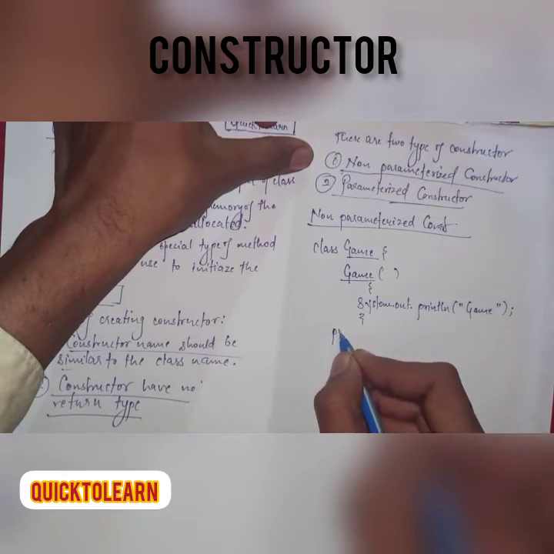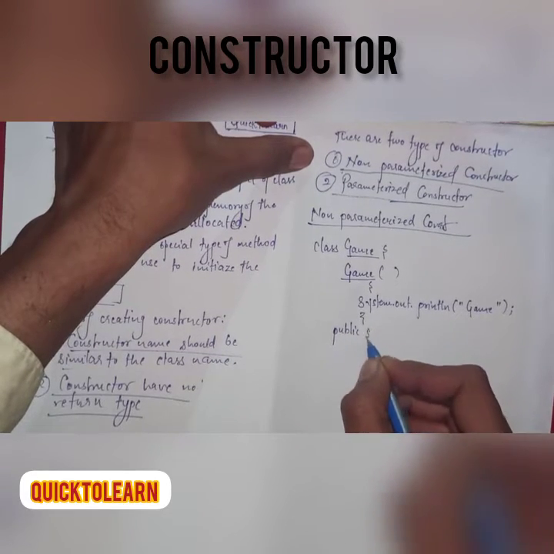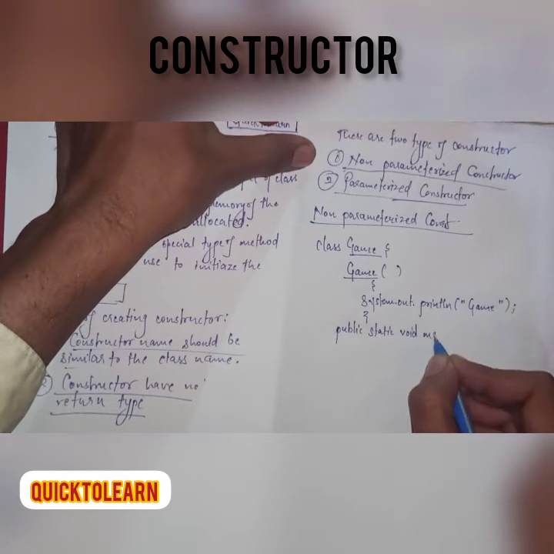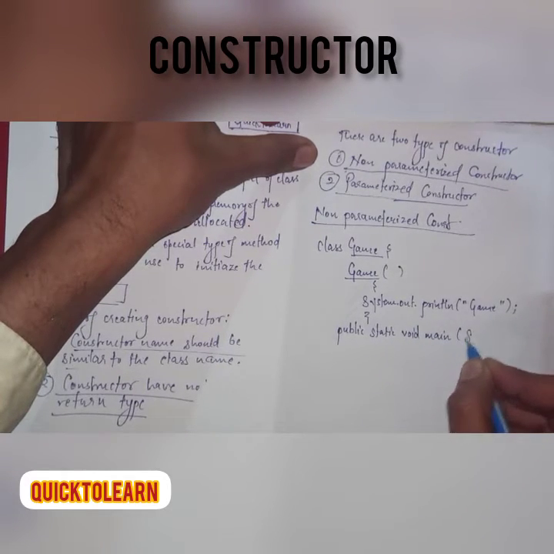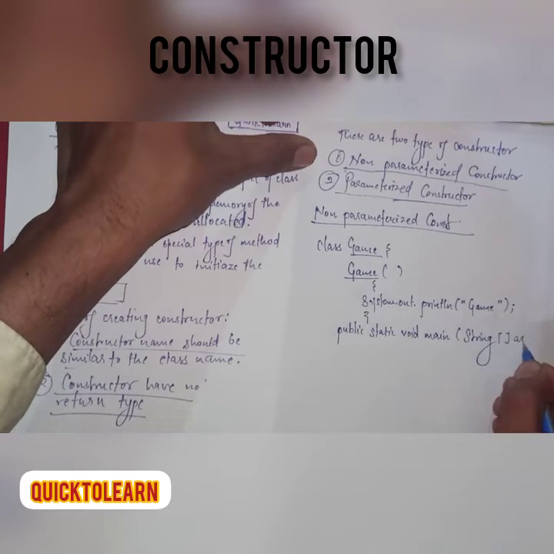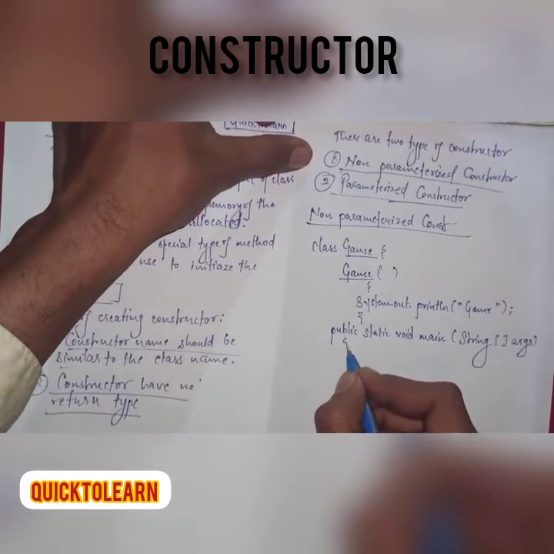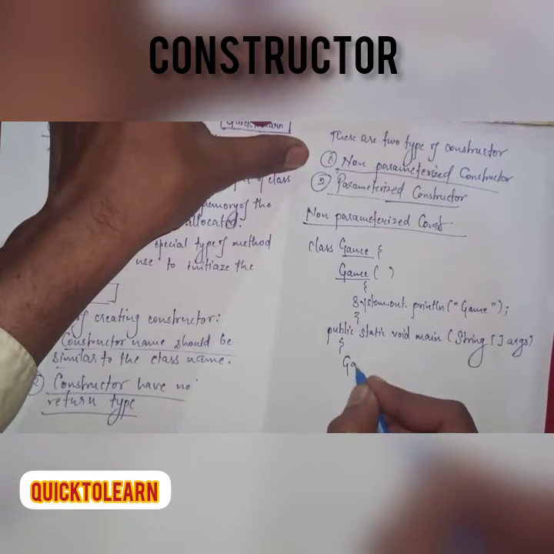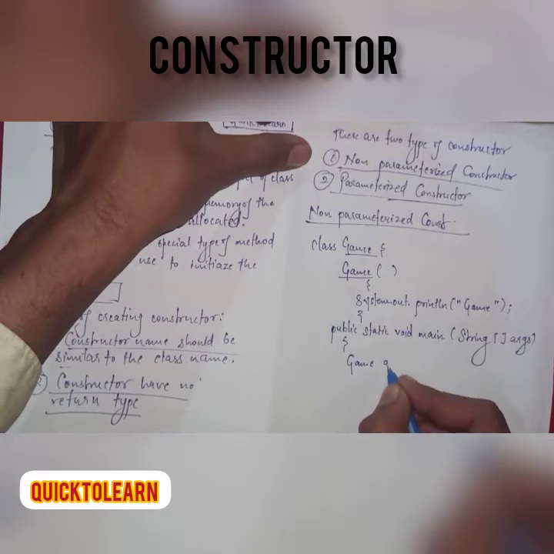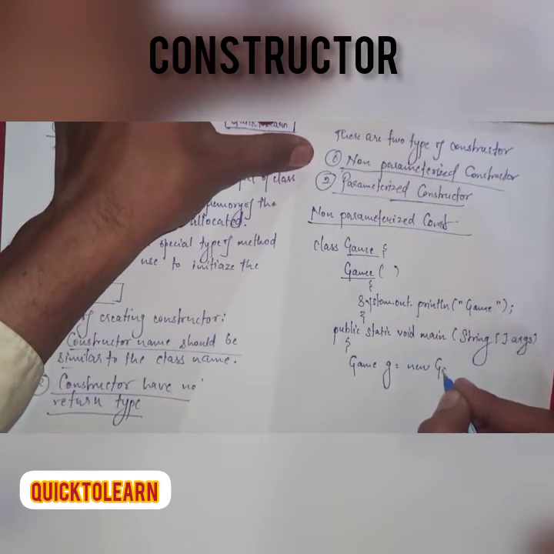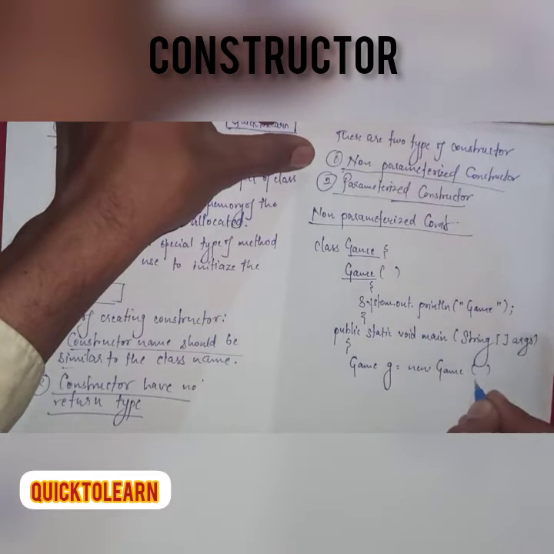And public static void main, String args. Later we will discuss what public static void main and String args are. Here we can create an object of the class. Game is the name of the class, and g is the object, and the new keyword is used to create the object, new Game.